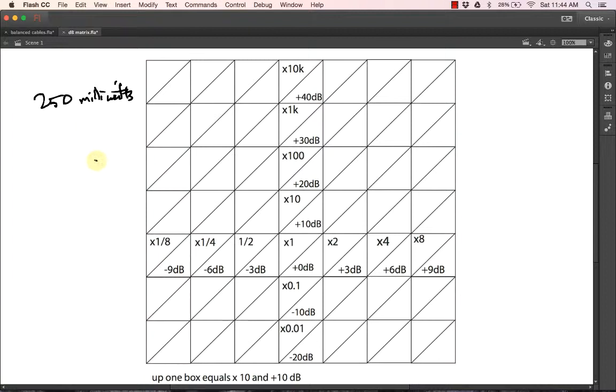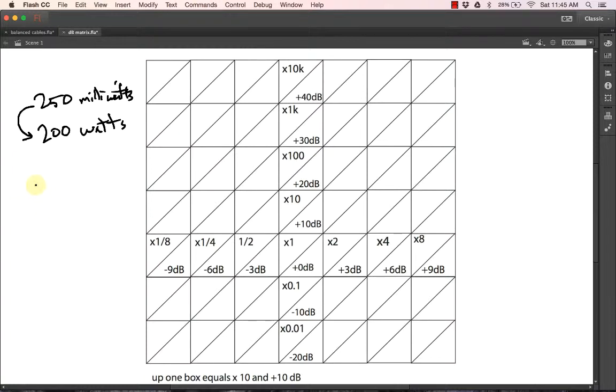Okay. Let's say that's my beginning signal. My sound coming out of my electric guitar is 250 milliwatts, and I run it through an amp. Let's say, can we get to 200 watts? Okay, let's say boost that from 250 milliwatts to 200 watts.